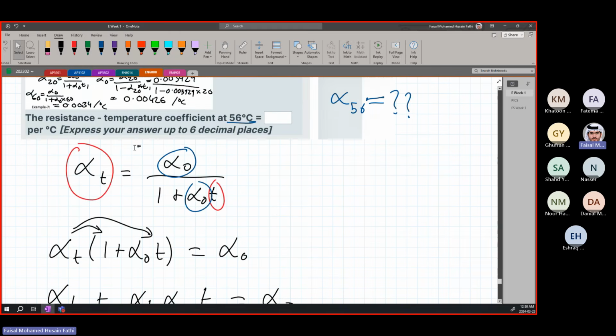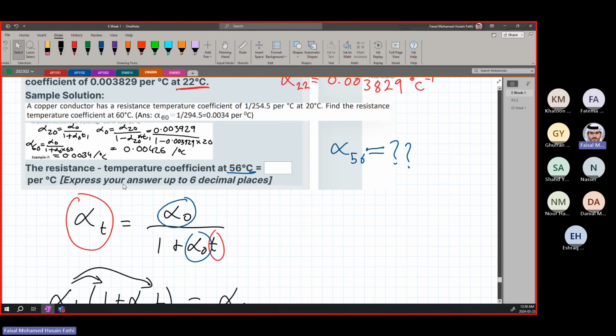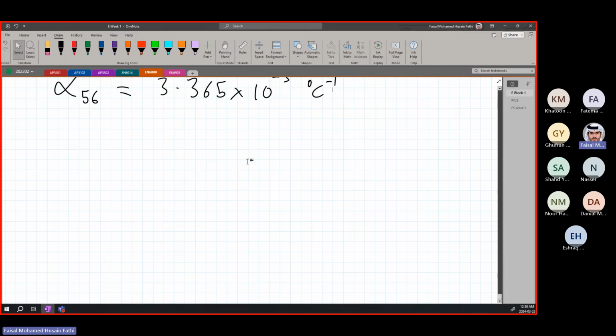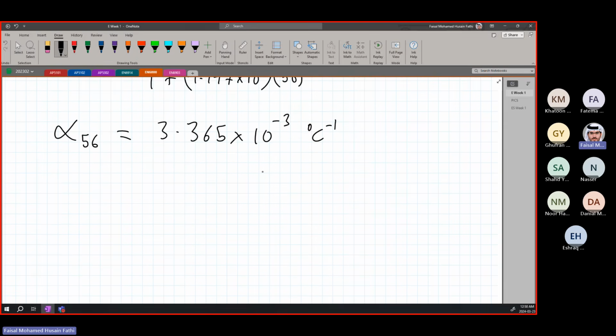But keep in mind, the question asks: express your answer up to 6 decimal places. So let's put it back into normal form, not in scientific form. So this is equal to, remember, 10 to the power of minus 3, which means we're just going to move the decimal 3 times. So 1, 2, 3. We're going to move the decimal here, and there are going to be zeros over here.